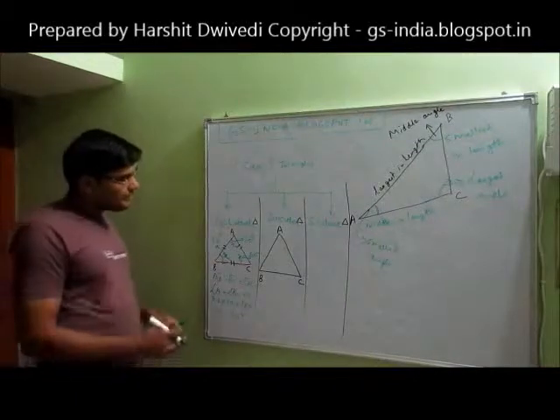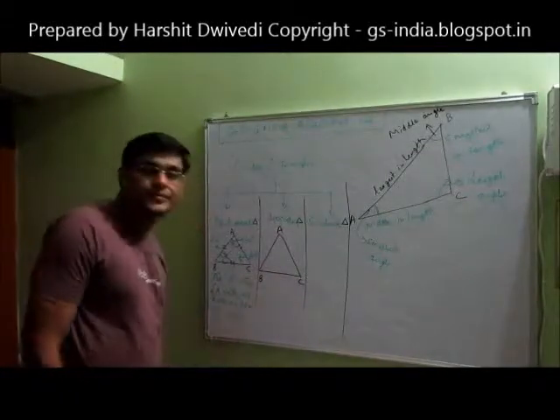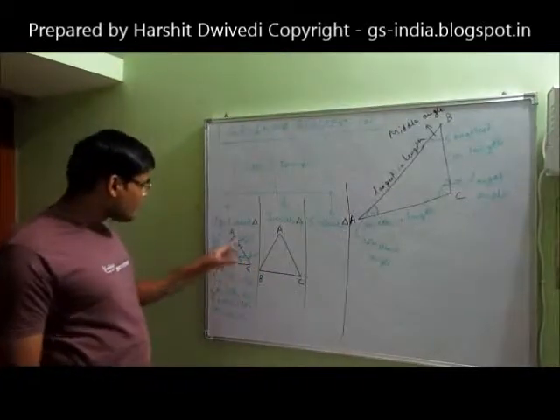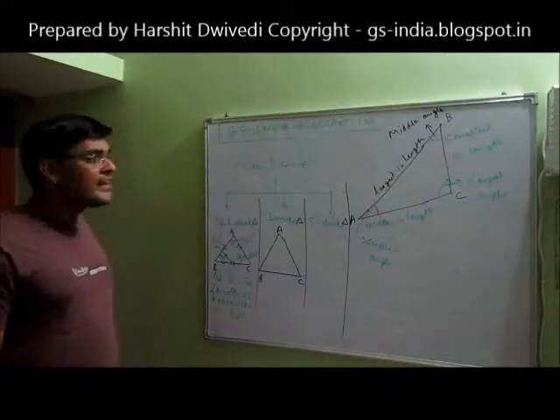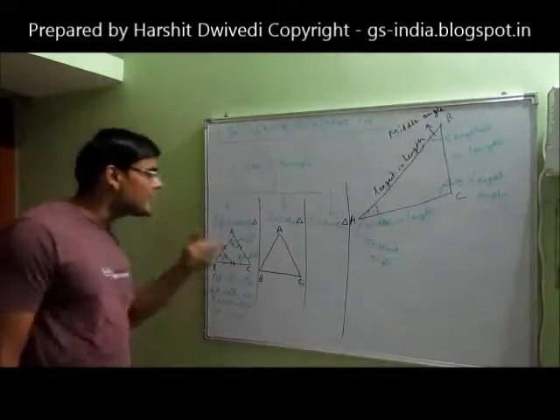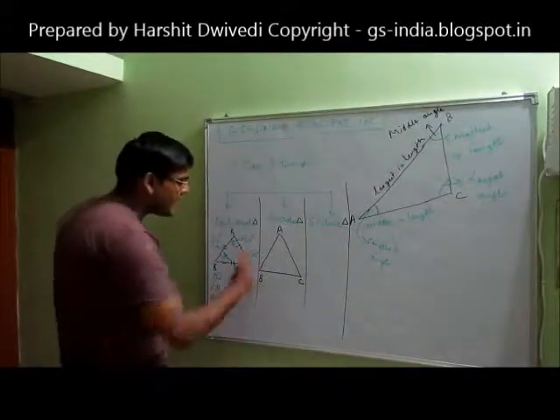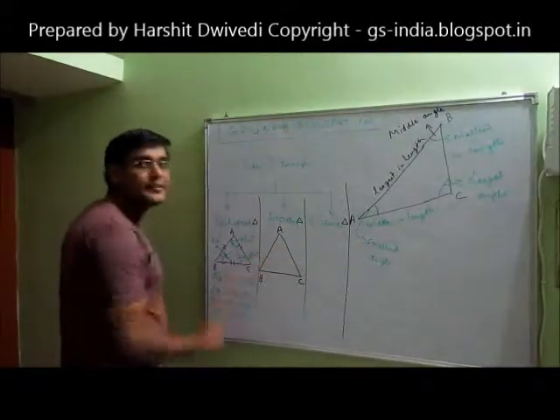Now in this triangle, we can say that this side AB and this side AC are bigger than side BC. I made it a bit different. That is, by physical inspection, by viewing it, I can say that approximately this side AB and this side AC are equal to each other, and this side AB and this side AC are greater than BC.